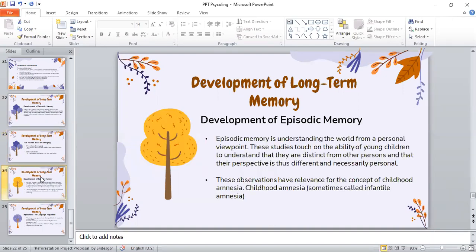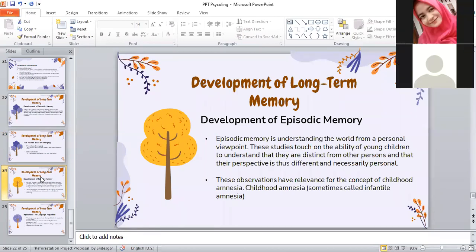Okay, next. Development of episodic memory. Episodic memory is understanding the world from a personal viewpoint. The studies touch on the ability of young children to understand that they are distinct from other persons and that their perspective is thus different and necessarily personal. One way to assess infants' self-awareness is to give them the opportunity to recognize themselves in a mirror.